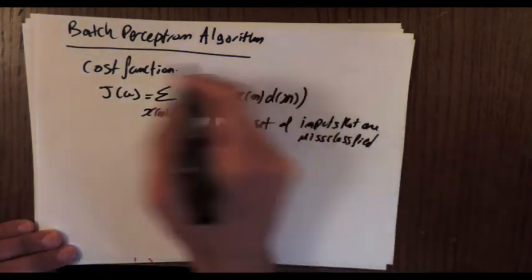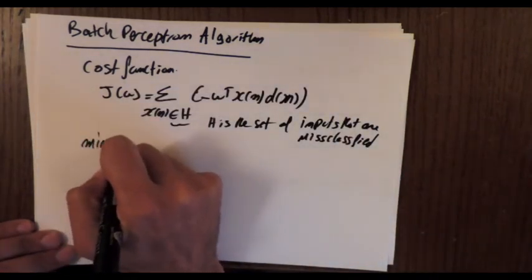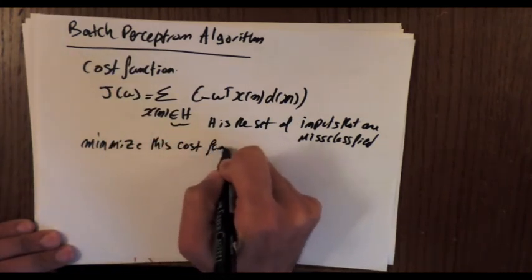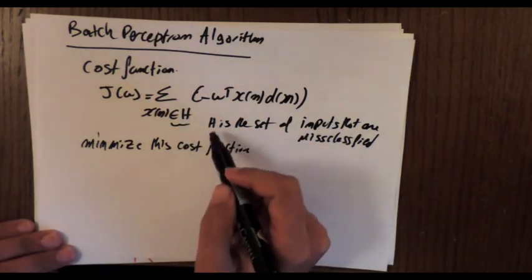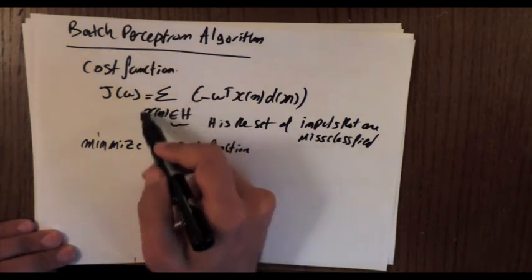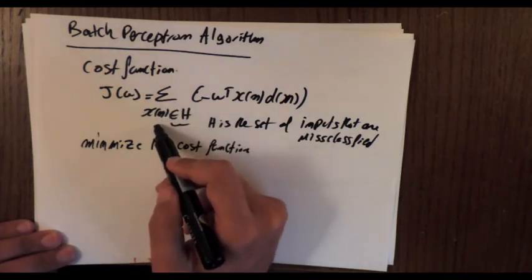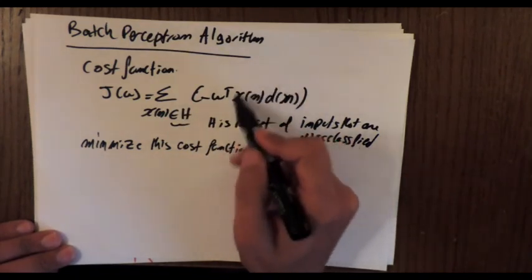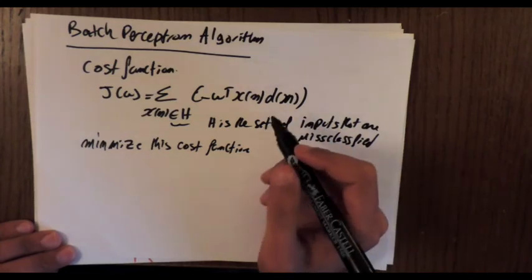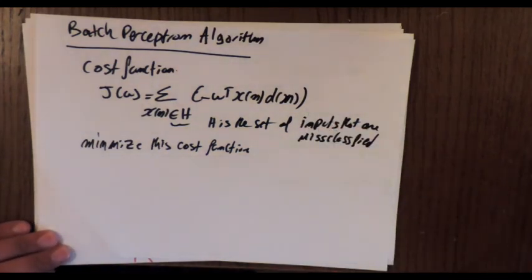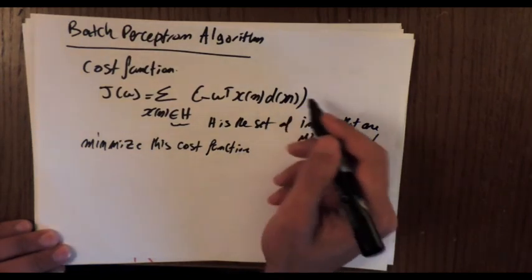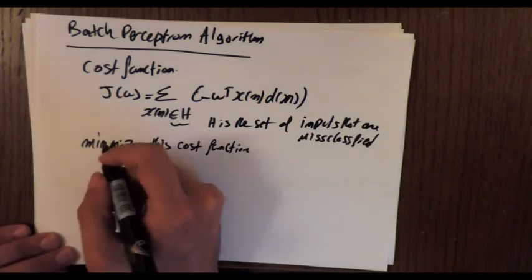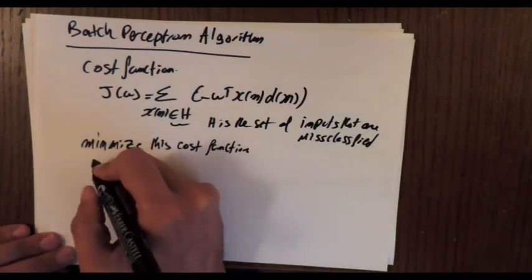So what we want to do is minimize this cost function. The case where things are not correctly classified is included in this set. If it does not have anything, then this will be 0, and there's nothing to minimize here. Since this is a cost function, we want to minimize it, and the way we minimize it is using the gradient descent or steepest descent algorithm.